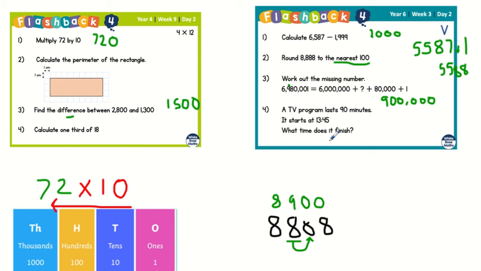A TV programme lasts 90 minutes. Okay. It starts at 13:45. What time does it finish? Now you'll notice that I've underlined the key information, and you'll remember that we use U, D, C to help us with a word problem.